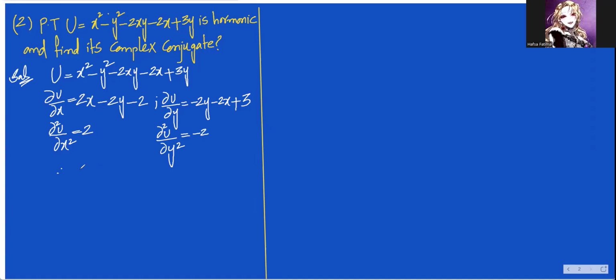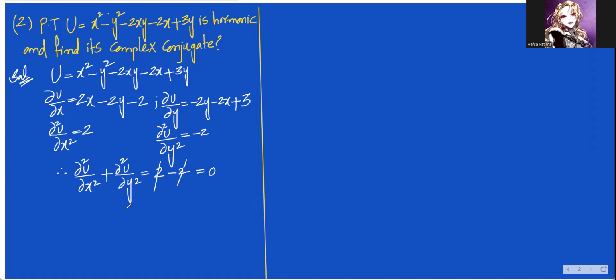Now, if you check the condition, dou square u by dou x square plus dou square u by dou y square, what happened here? 2 minus 2 is 0, equal to 0.